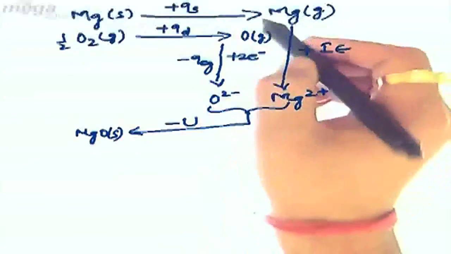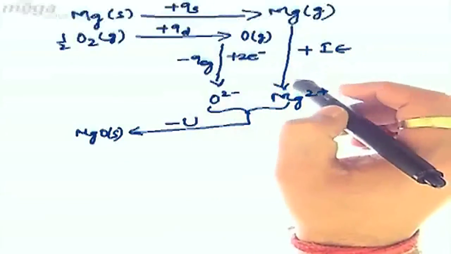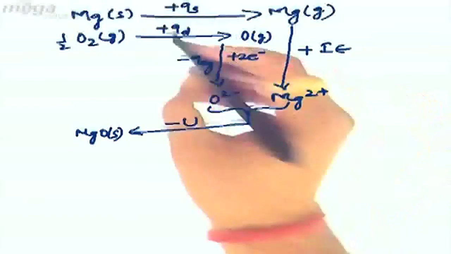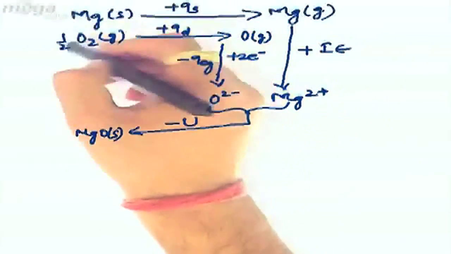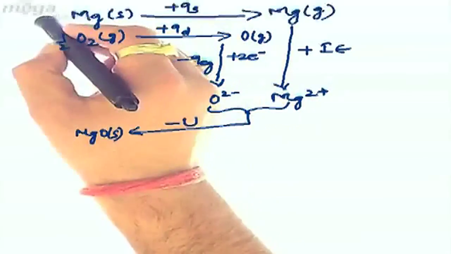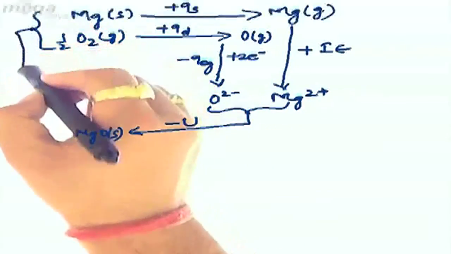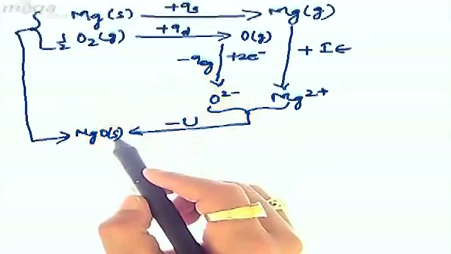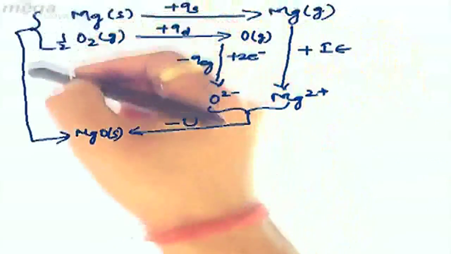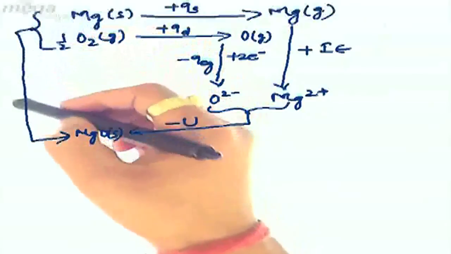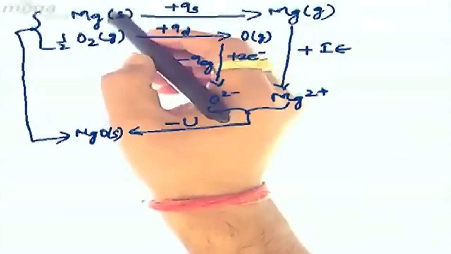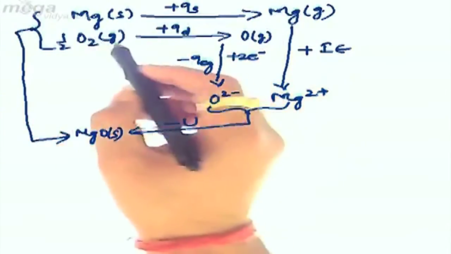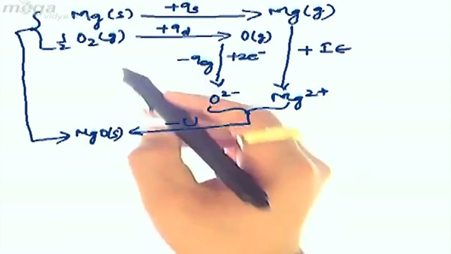This has been created on the basis of the mechanism involved during this ionic bonding, which we have already illustrated. If we consider the whole process as a one-step process, we can write that magnesium plus oxygen combine to form magnesium oxide. Considering the one-step process and the mechanism together, we find a cyclic form.